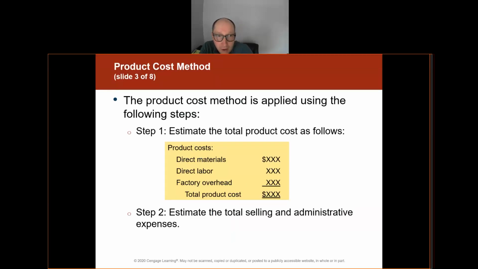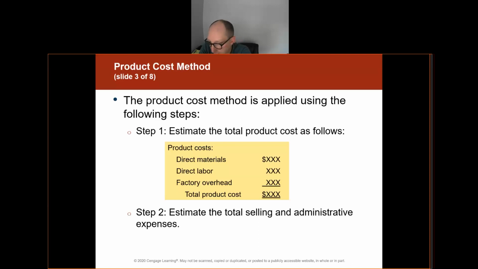So how do we figure out the product cost? Direct materials plus direct labor plus factory overhead equals your total product cost. Okay. Then the next thing we do, after we have the product cost, is we estimate our sales and administrative expenses. Selling and administrative expenses include things like salespeople salaries, commissions, advertising and promotion.